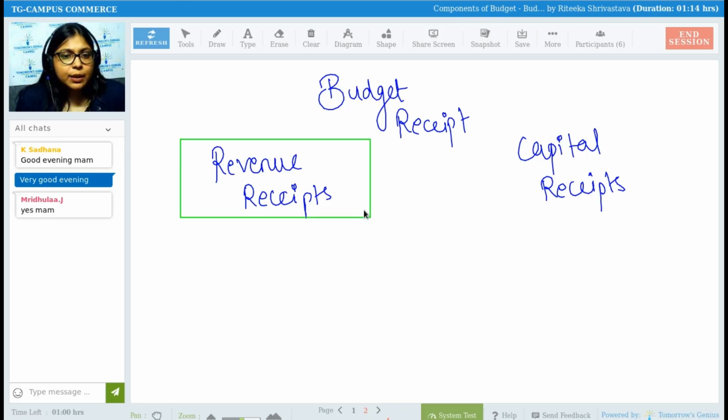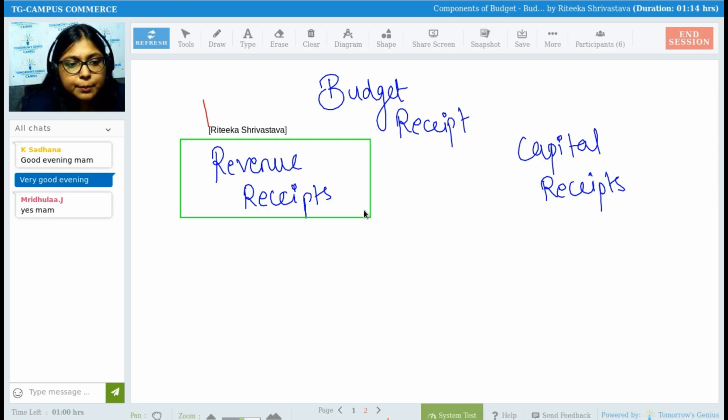So can anybody tell me what do we mean by revenue receipt? A receipt to be called as a receipt, what two things does it need to satisfy? What two conditions? I had given you all one tip also, that how can you remember? Very good.